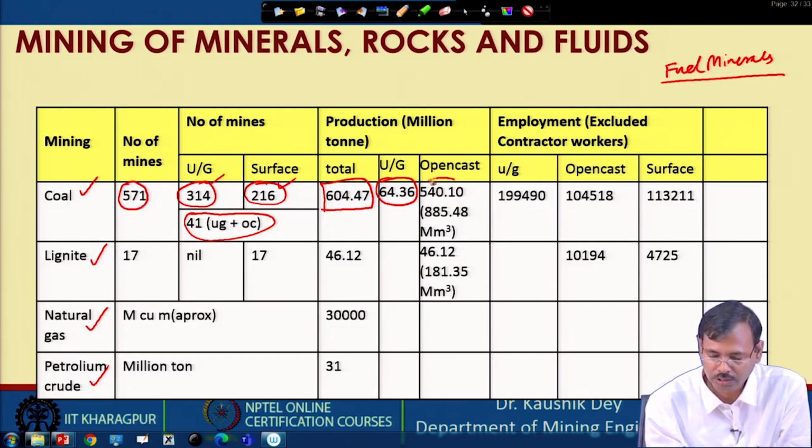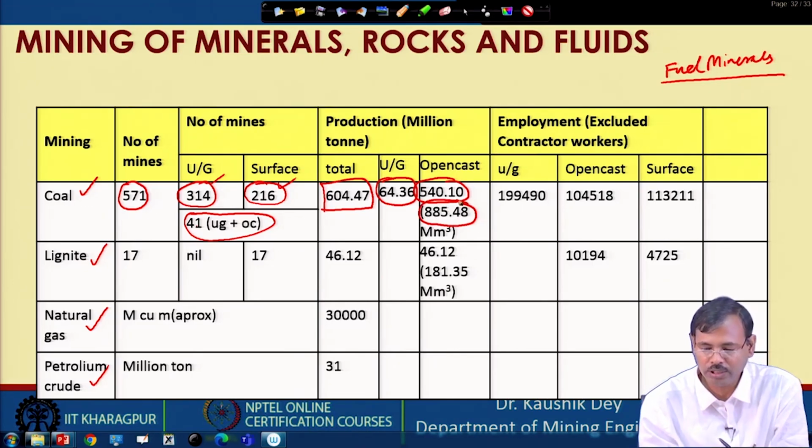For open cast, the production is 540 million tons, and while open cast mining is carried out, obviously the waste rock covering the coal has to be handled, and this is 885 million cubic meters of overburden handled for these open cast coal mines.